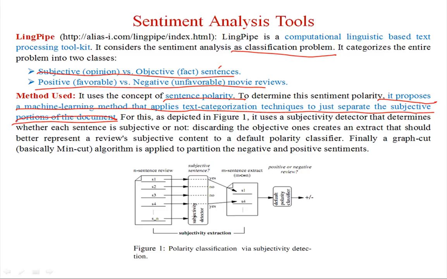Then M sentences are extracted, which is less than the size of the given review of N sentences, and based on this it applies classification to decide whether the review is positive or negative. This is the simple technique applied by it. It applies a graph cut algorithm to partition the negative and positive sentiments.